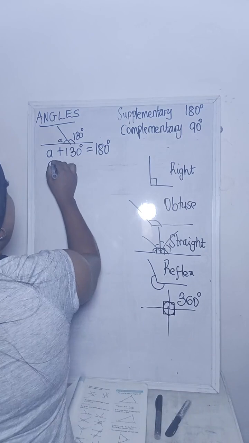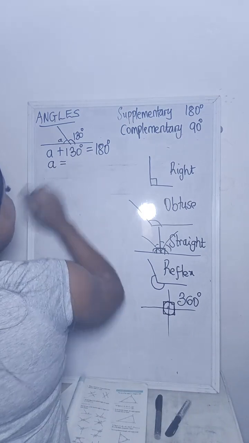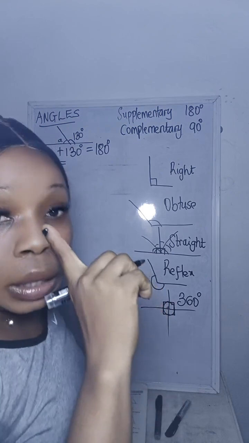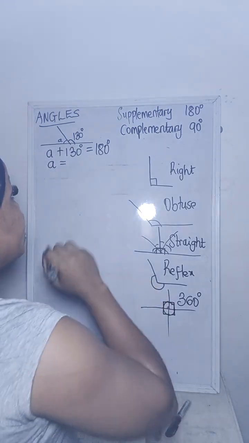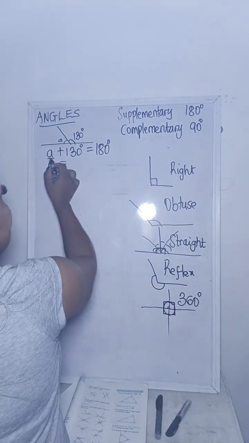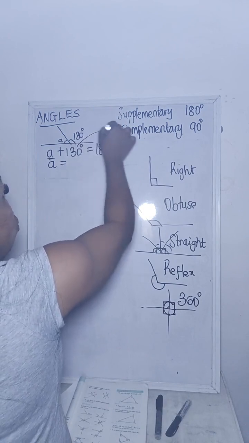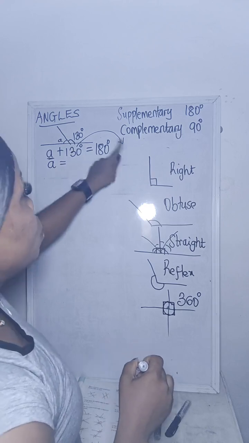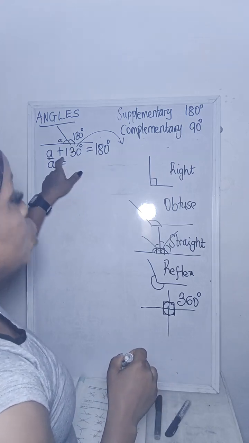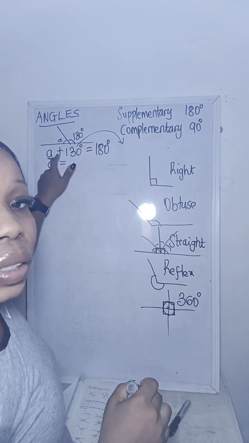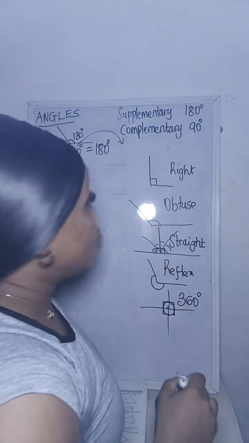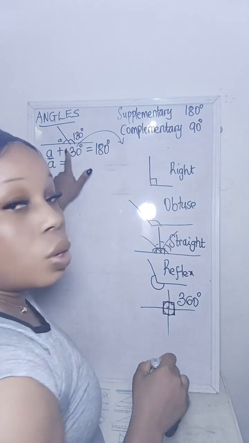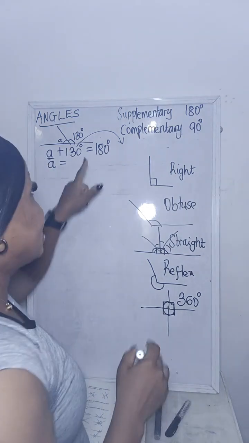Now, what would our A be? Last week I said that when we want to isolate the letter, you could just move this over to the other side. And when you move this over to the other side, the sign changes to the opposite. So the opposite of positive 130 is negative 130.